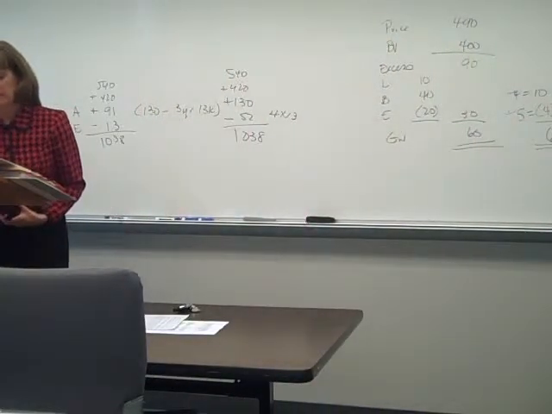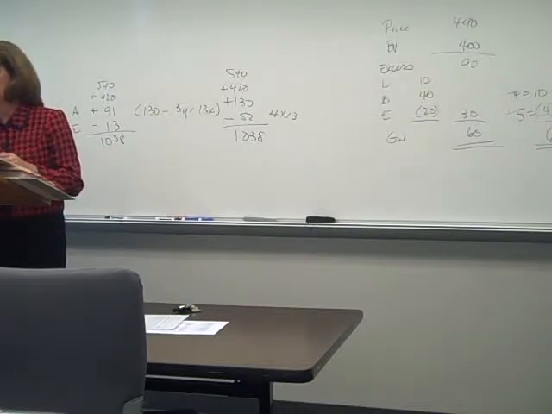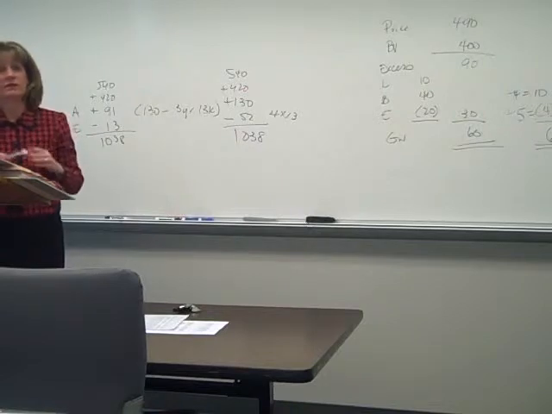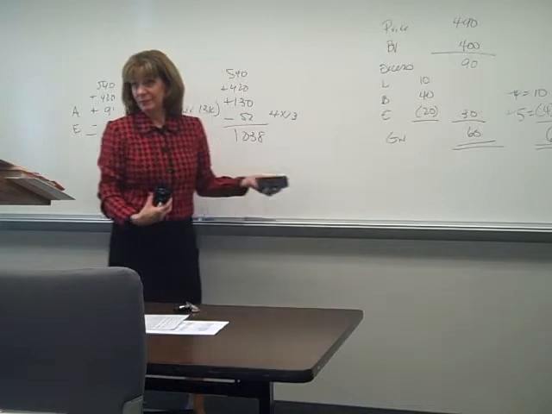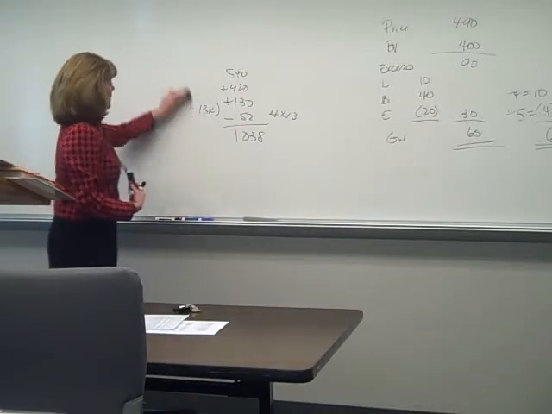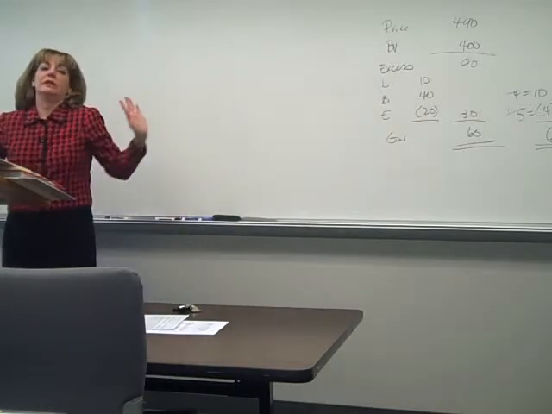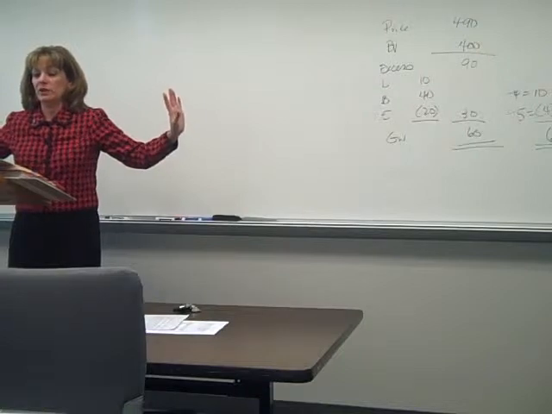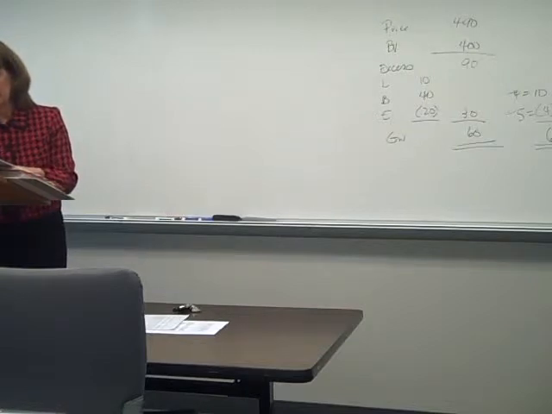Okay. Prepare the consolidation worksheet entries for December 31st, 2014 and December 31st, 2015. So now we're going to go through our setup. You ready? Before we've ever even gone to the worksheet, we've asked ourselves, which method are they using? Do you know? It says uses the equity method.